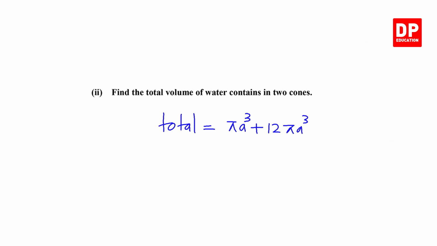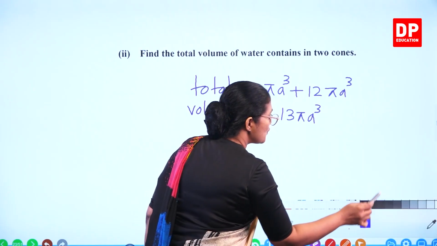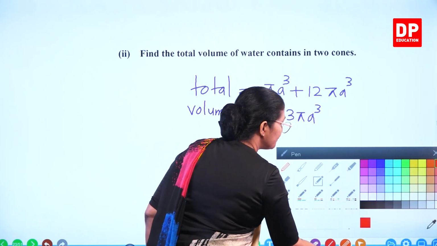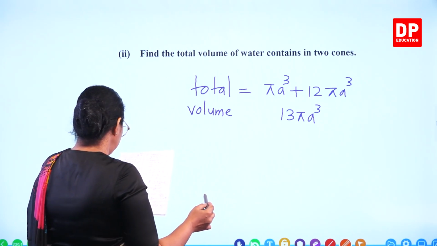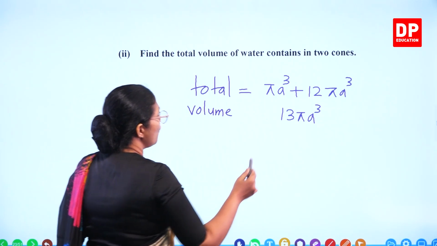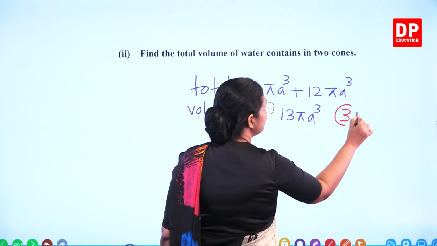So just add those 2. These are like terms. So total volume is equal to, so you get 13 pi A cube. So how many marks? So you are getting 3 marks for finding the total.